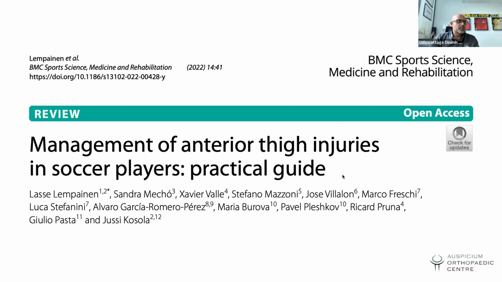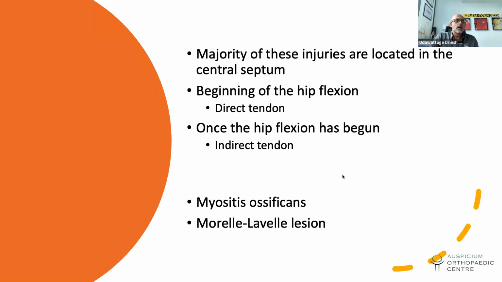Then another paper looks at the management of rectus femoris muscle injuries, and there's a bit of a practical guide. What this paper talks about is that the majority of these injuries are around the central septum. At the beginning of hip flexion, as the hip is being flexed, you tend to have issues with the direct tendon.